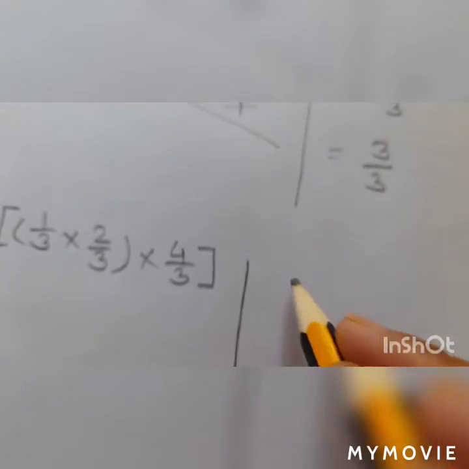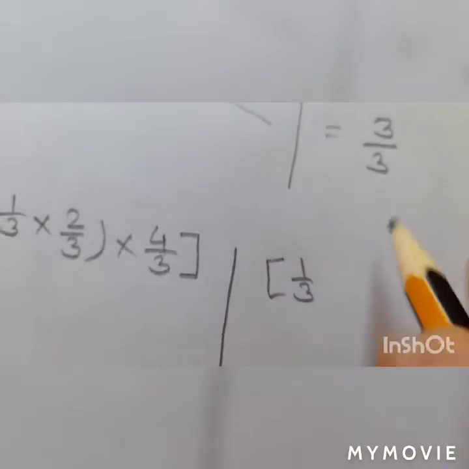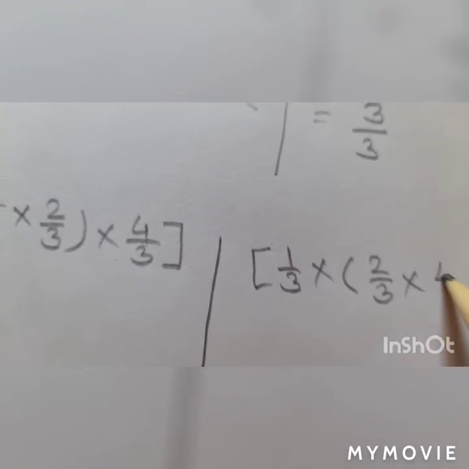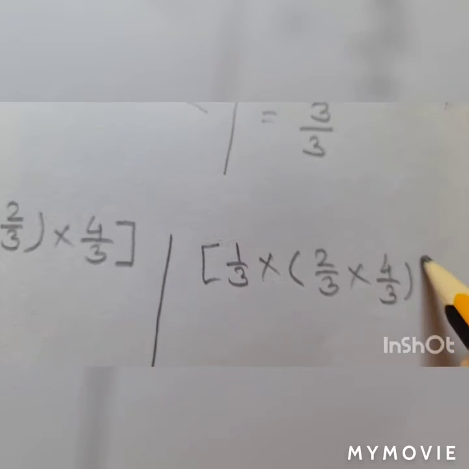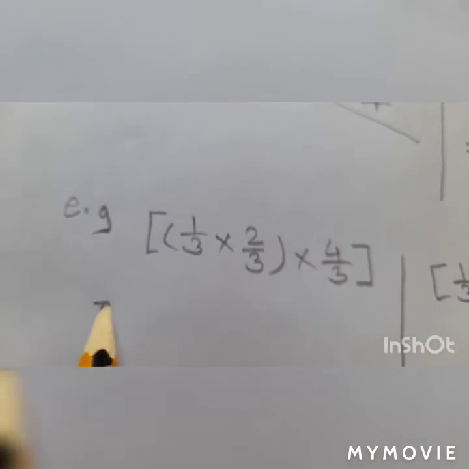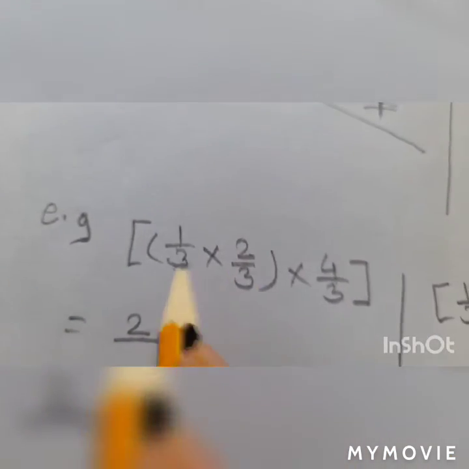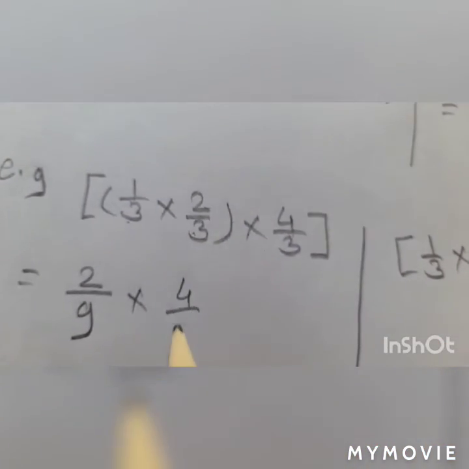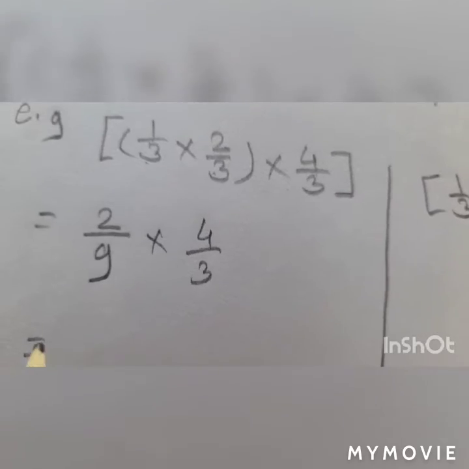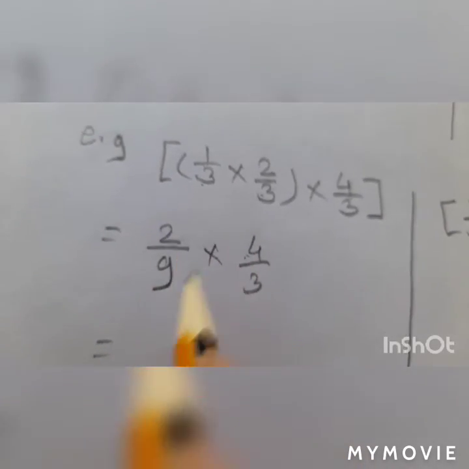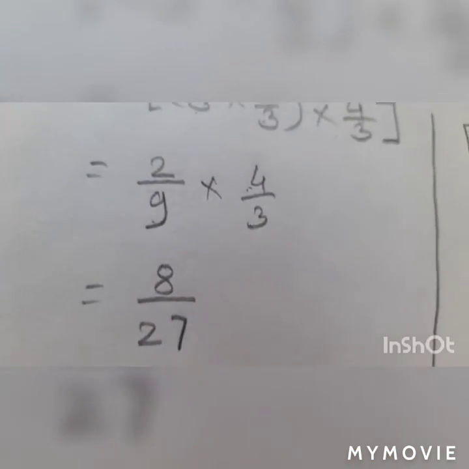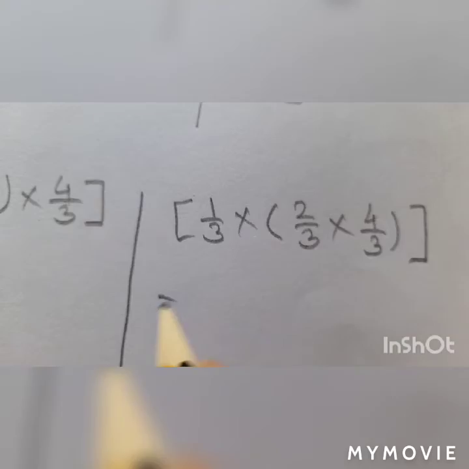On other side, we will take 1 upon 3 out of round bracket into 4 upon 3, square bracket complete, is equal to 1 into 2 is 2, 3 into 3 is 9, multiply by 4 upon 3, 2 into 4 is 8, 9 into 3 is 27. The answer is 8 upon 27.